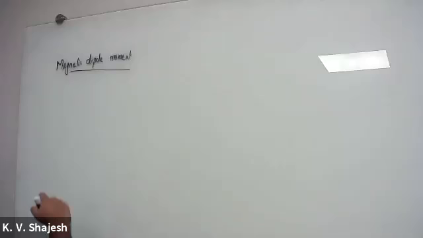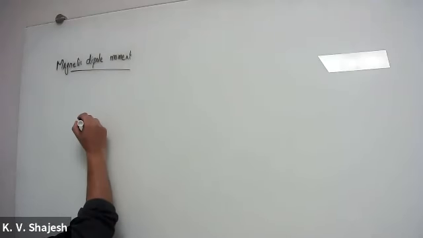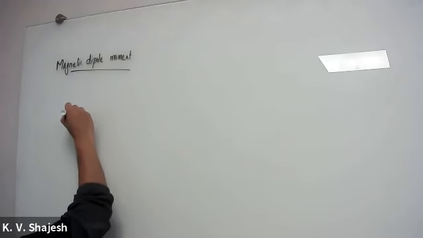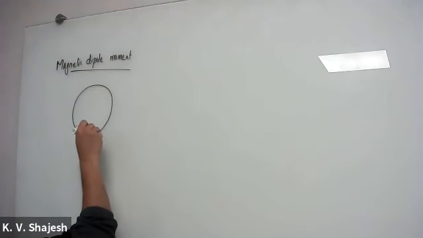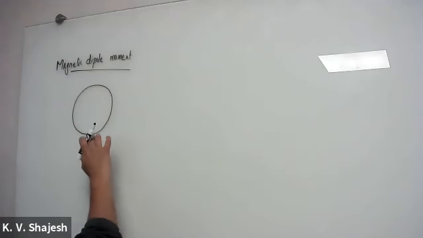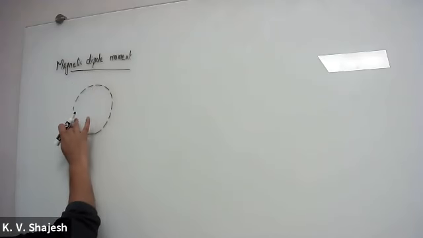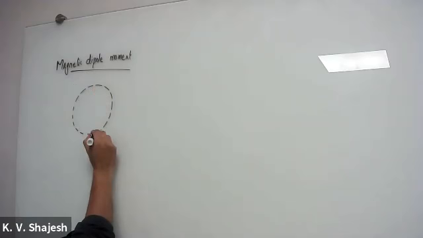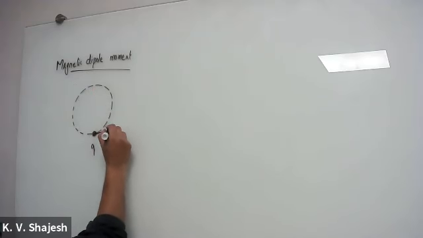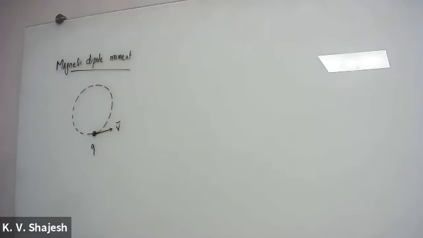So let's think of a single point charge going in a circle. This is not actually a current carrying wire, so let me show that by the dotted lines. But there is a point charge Q that has an instantaneous velocity V, but its speed is the same, so it keeps going in a circle.